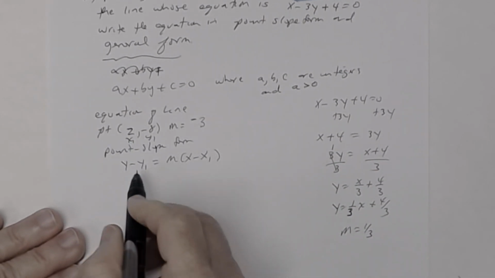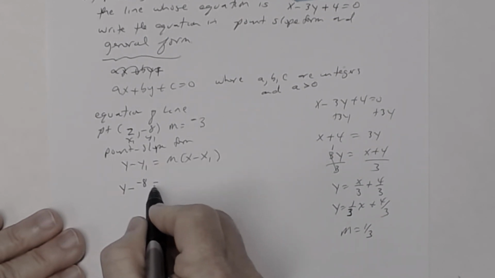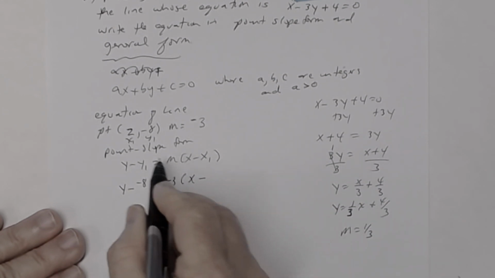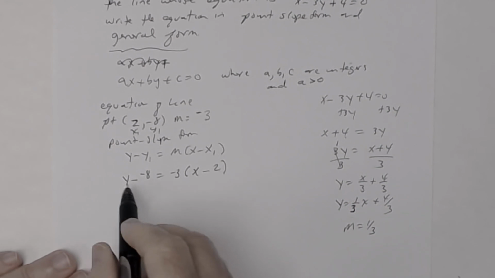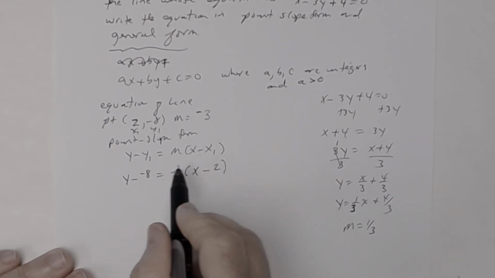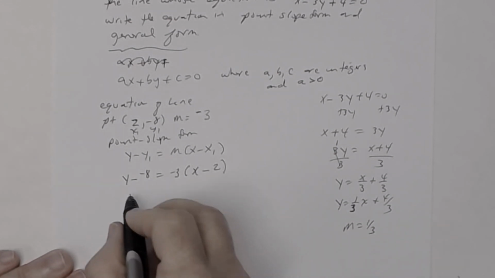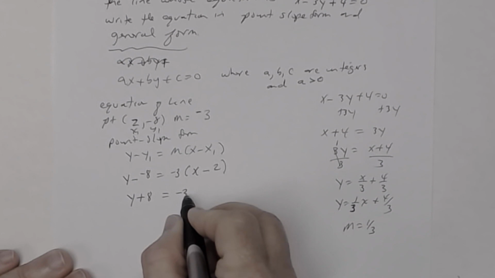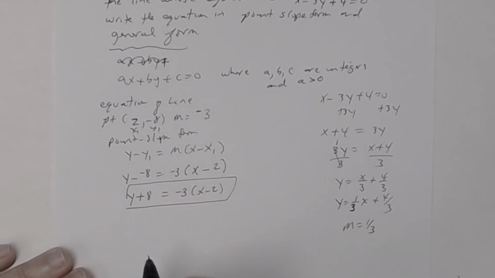So we substitute: y minus y1, which is -8, equals the slope, which is -3, times x minus x1, which is 2. And remember, don't say that's your answer. You have to recognize that y subtract -8 means y plus 8. So that's how you want to write it. So y plus 8 equals -3 times x minus 2. And that is your answer.